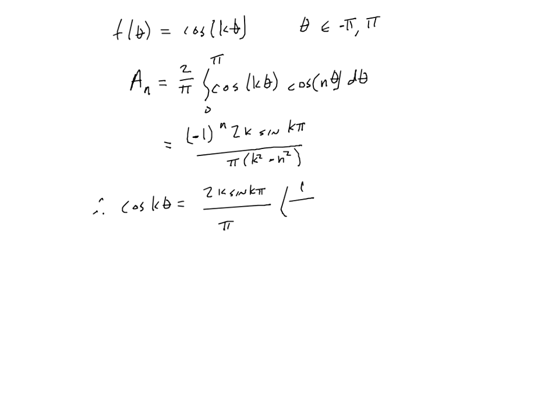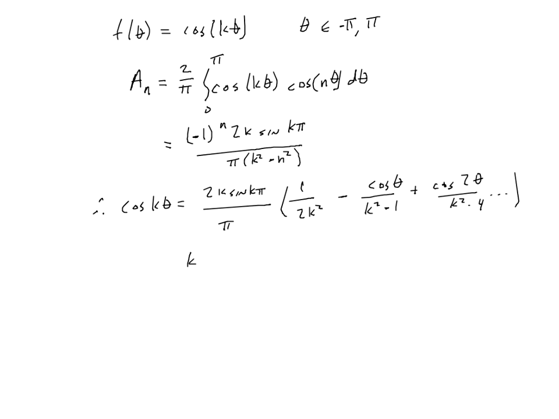So now we can have 1 over 2k squared minus cosine theta over k squared minus 1 plus cosine 2 theta over k squared minus 4, etc.